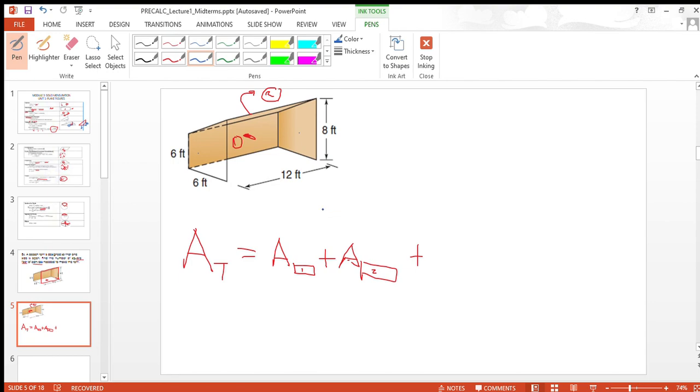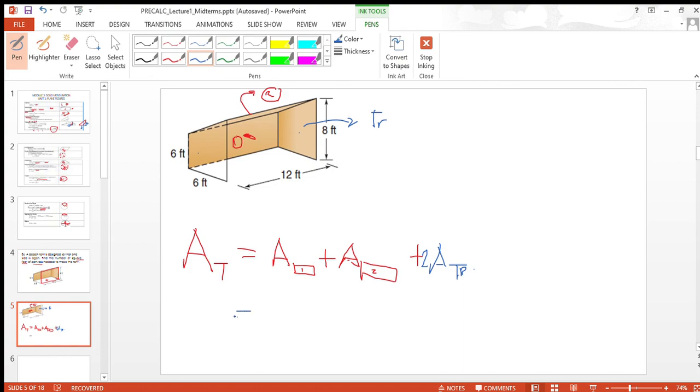What shape do we have there? We have two sides parallel with each other, and then we have two non-parallel sides. So that's a trapezoid. So area of trapezoid. Okay, this is our trapezoid. But there are two trapezoids there, so we multiply this by 2.